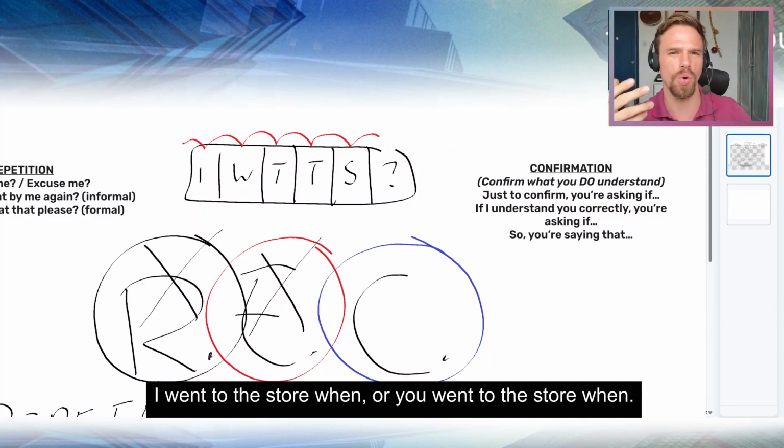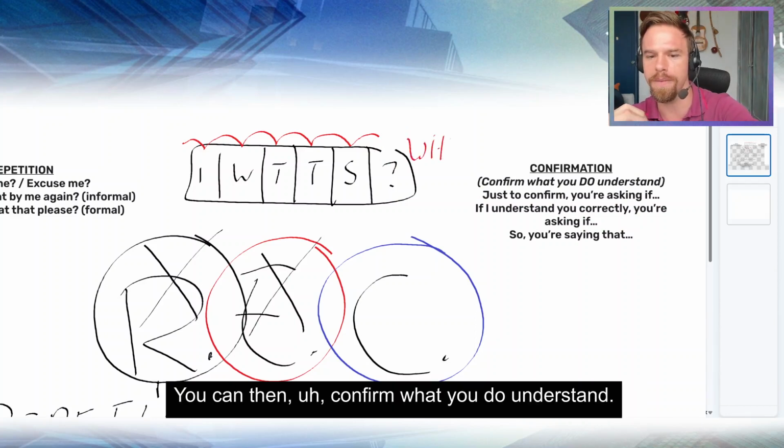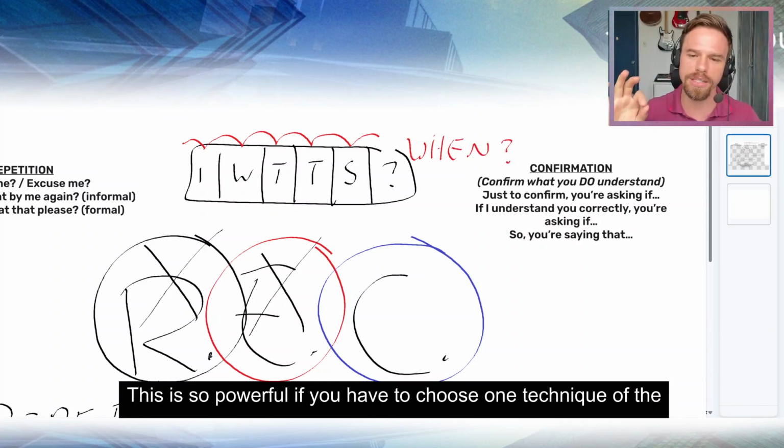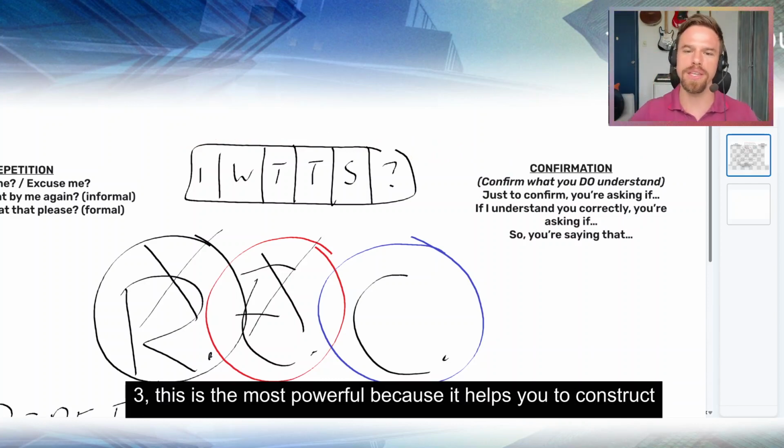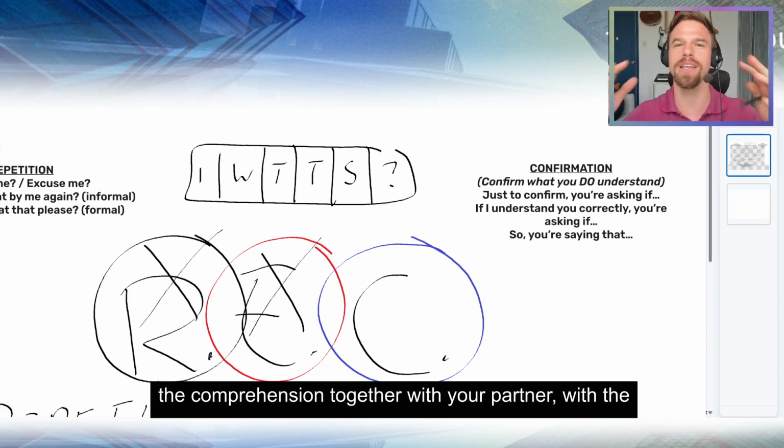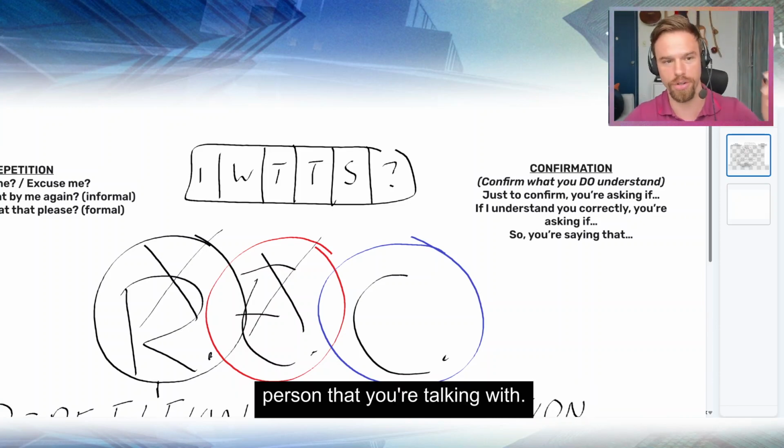I went to the store when, or you went to the store when. You can then confirm what you do understand. This is so powerful. If you have to choose one technique of the three, this is the most powerful because it helps you to construct the comprehension together with your partner, with the person that you're talking with.